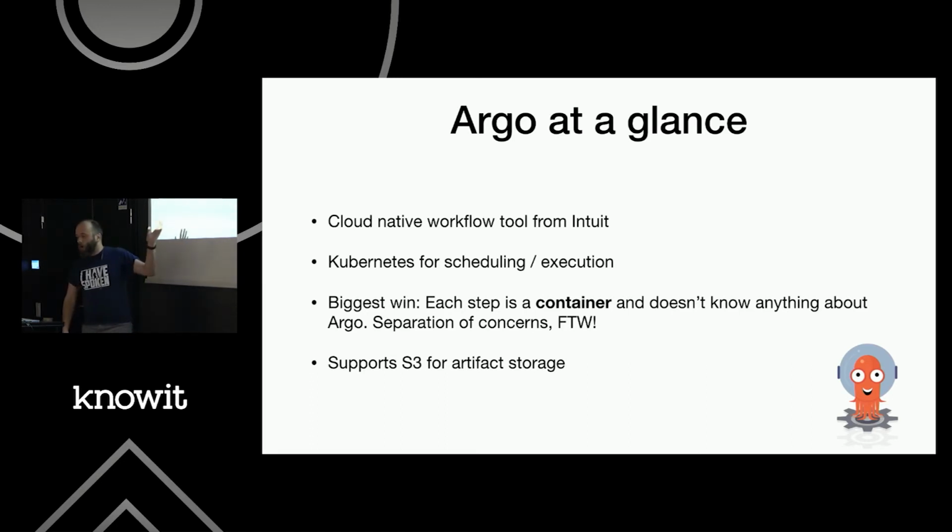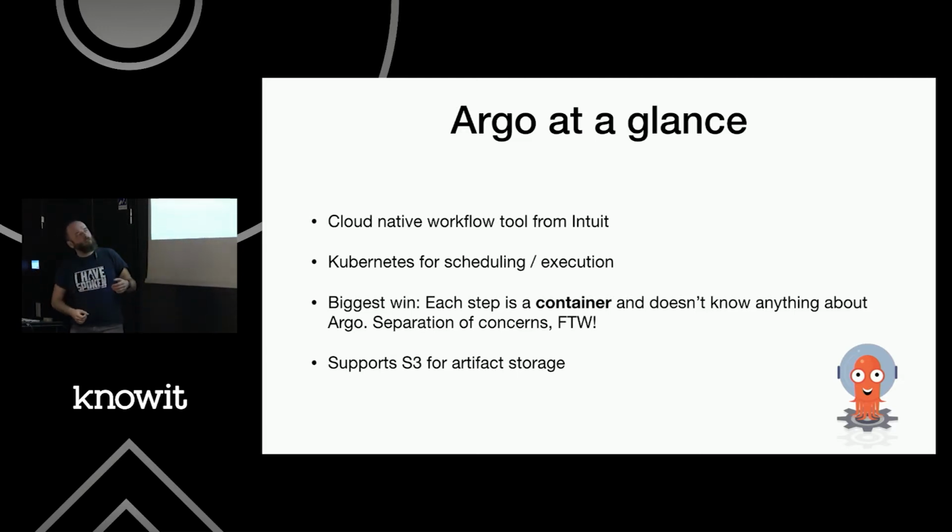Argo is pretty similar to Airflow, but it uses Kubernetes for scheduling and execution. The win was that the container doesn't know anything about Python or Airflow, so it can be anything. Also, what I found really nice was that as the workflow progresses, you produce some artifacts.